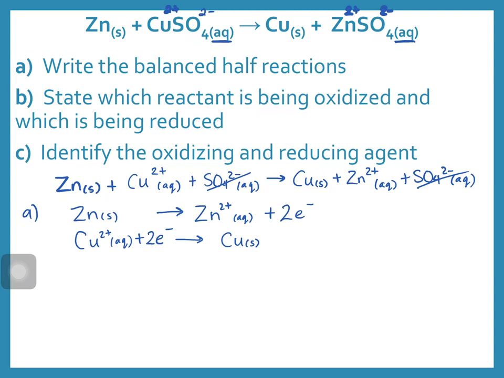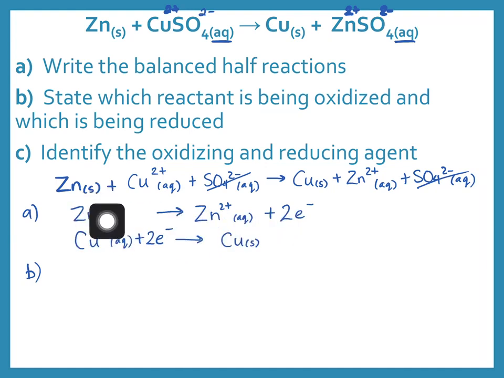Part B asks what is being oxidized and what is being reduced. I have two reactants, the zinc solid and the copper ion. If you recall, we have LEO GER, which can help us remember what is oxidation and what is reduction. Zinc starts off as an atom, and then it loses 2 electrons to become a zinc ion.